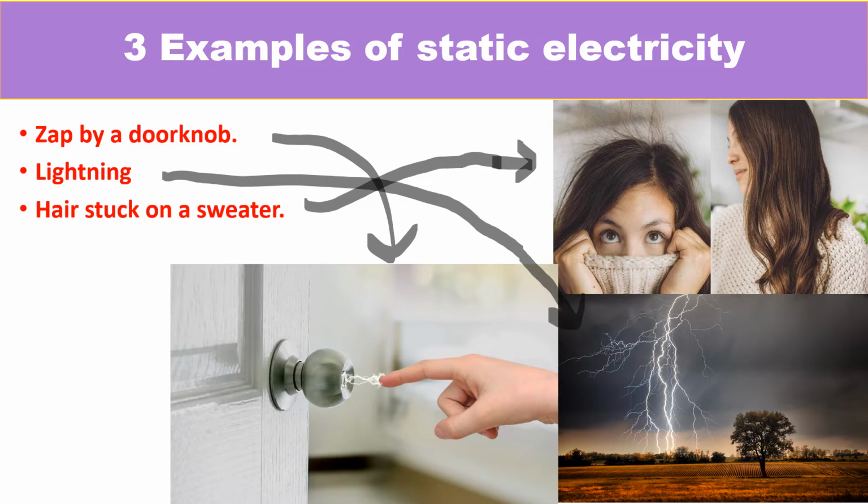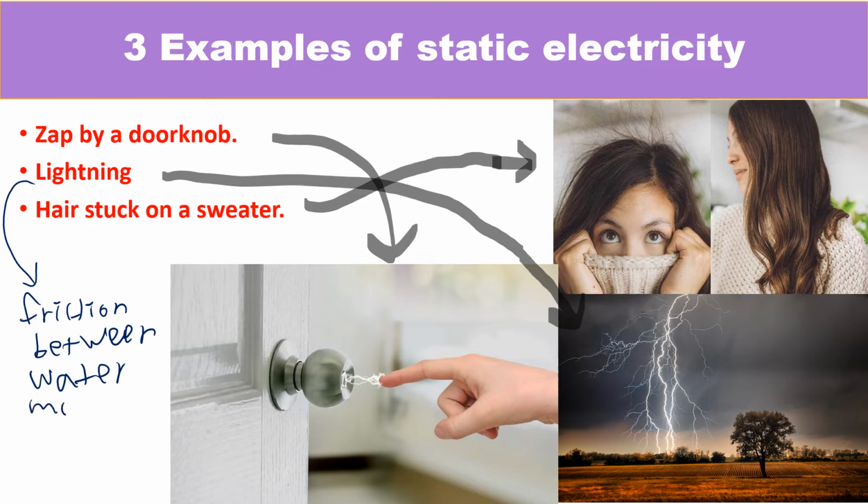And even though I didn't go through the natural phenomena, lightning is also an example. Lightning is an interesting phenomenon because it is a friction between water molecules in clouds. Inside of the clouds, we cannot see it, but there are tiny water particles that are clumped together.